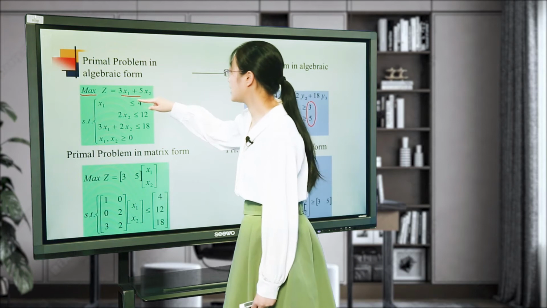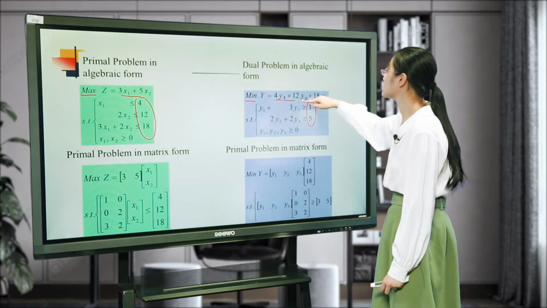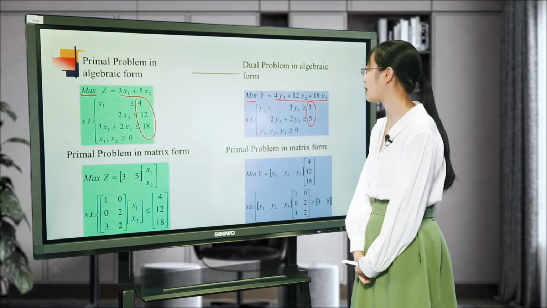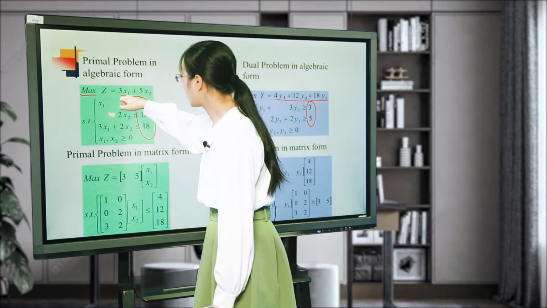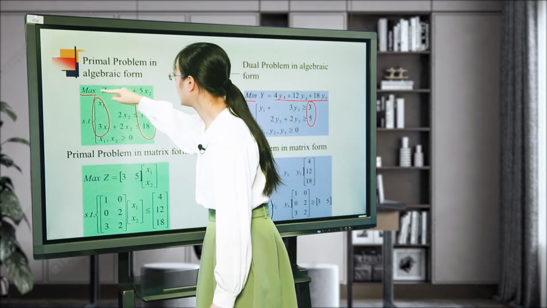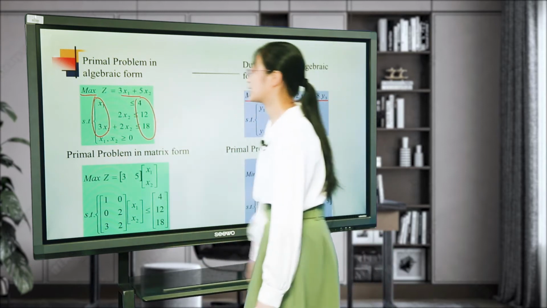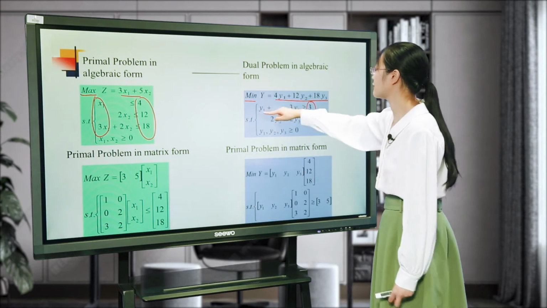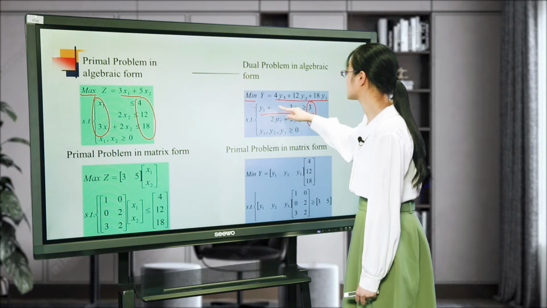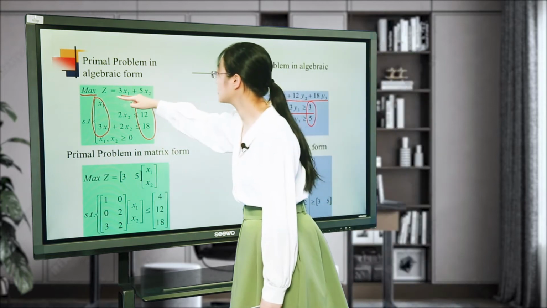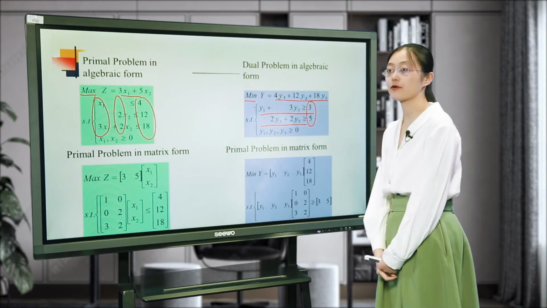And then the right side of the constraints in the primal problem are the coefficients of the variables in the dual problem. And then next we have all these coefficients for each variable in the constraints. Here x1 has coefficients 2, 3, which are the coefficients of the first functional constraint in the dual problem, reading by row, 2, 3. And similarly for x2, 3, 2, we have the second constraint with coefficients 3, 2.